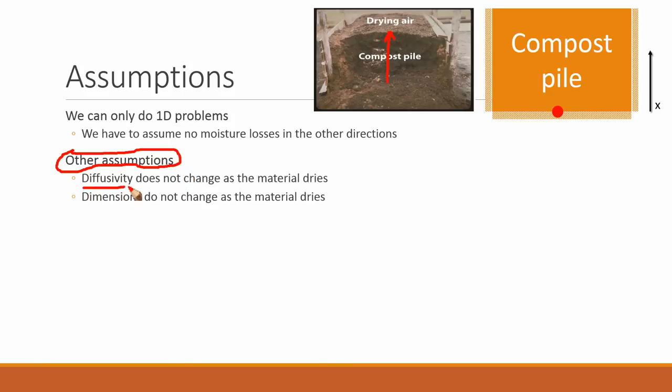For example, diffusivity does not change as the material dries. Well, that's kind of obvious in this problem because they only gave us one diffusivity value. If it changes, then we need to be given that. Then the dimensions do not change as the material dries. We are given only one dimension.